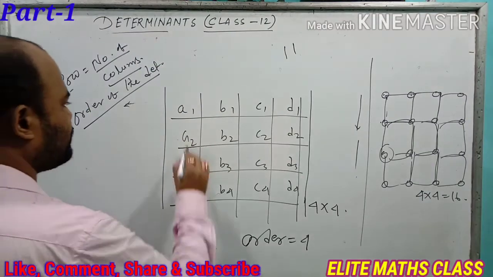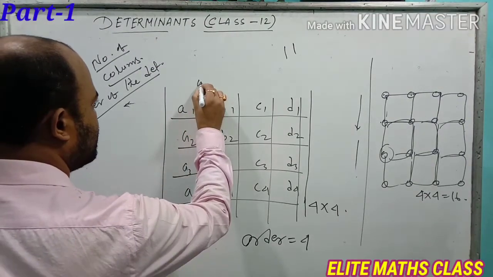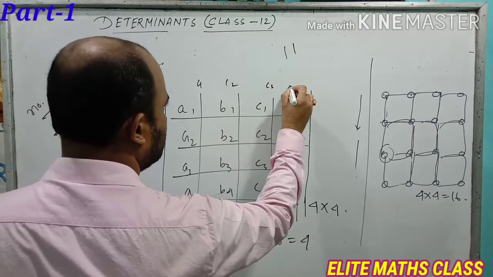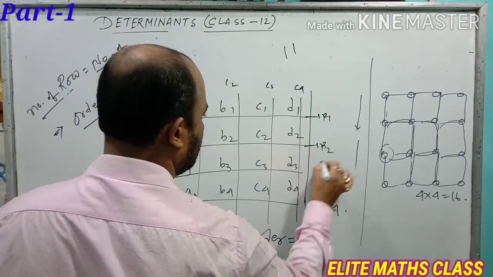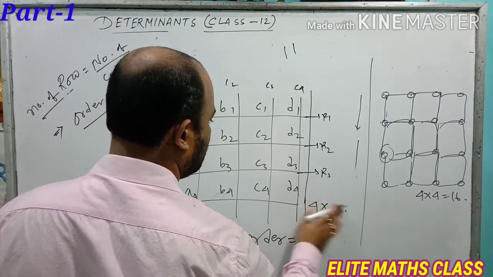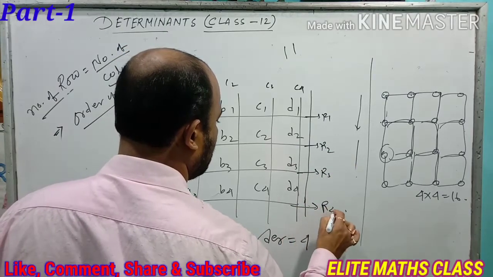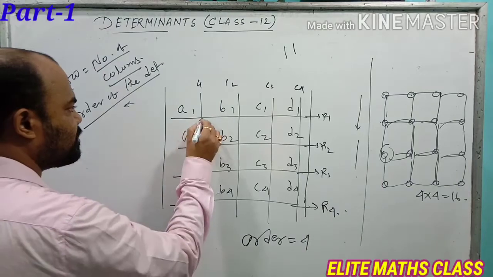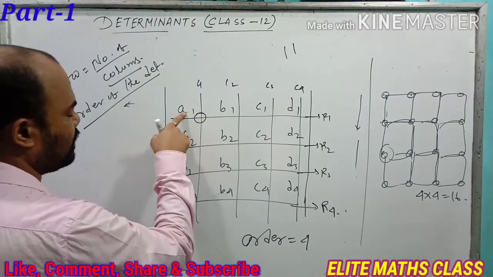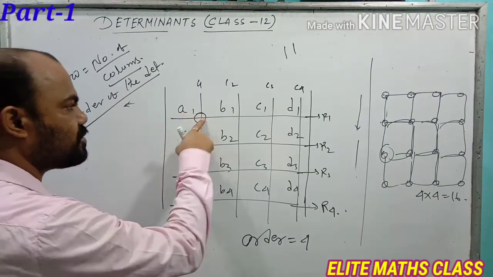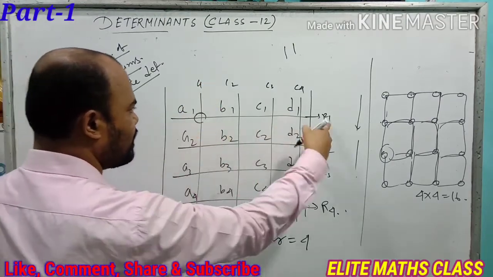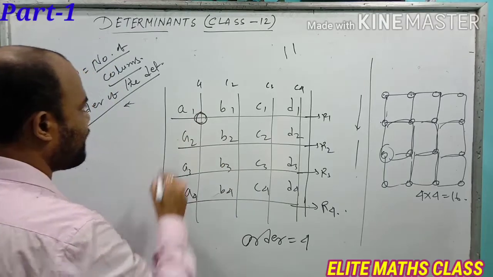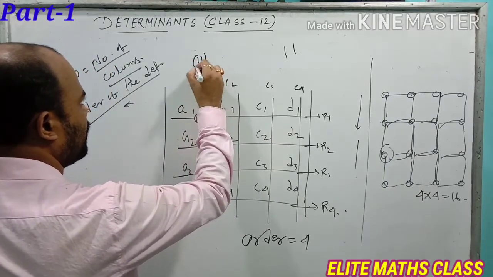Now say this one is C1, C2, C3, C4. This one is R1, R2, R3, R4. See this position, here the element is A1. This is at which position? This is at the intersecting point of the first column and first row, so it is written as position 1 1.